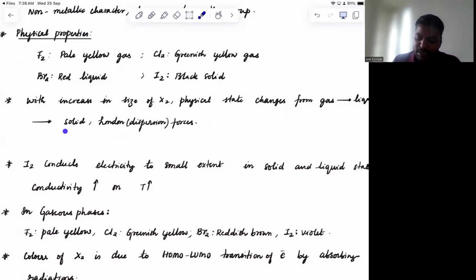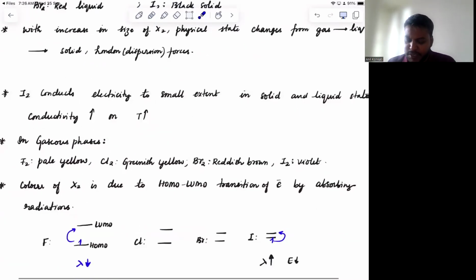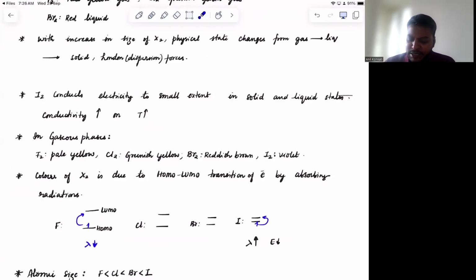And this will become more solid. The reason for that is London forces or van der Waals forces. Got it? And I2 conducts electricity to a small extent in solid state and liquid state, and conductivity increases on increasing temperature. Okay.